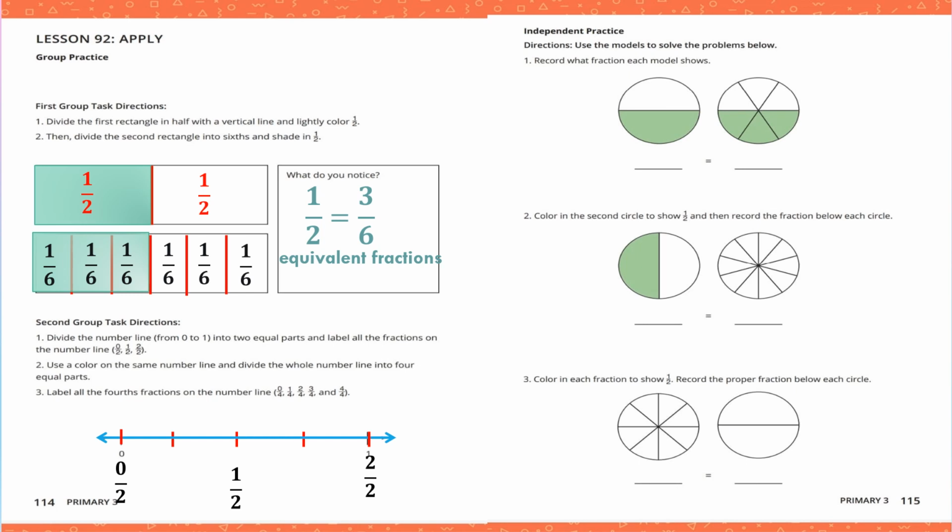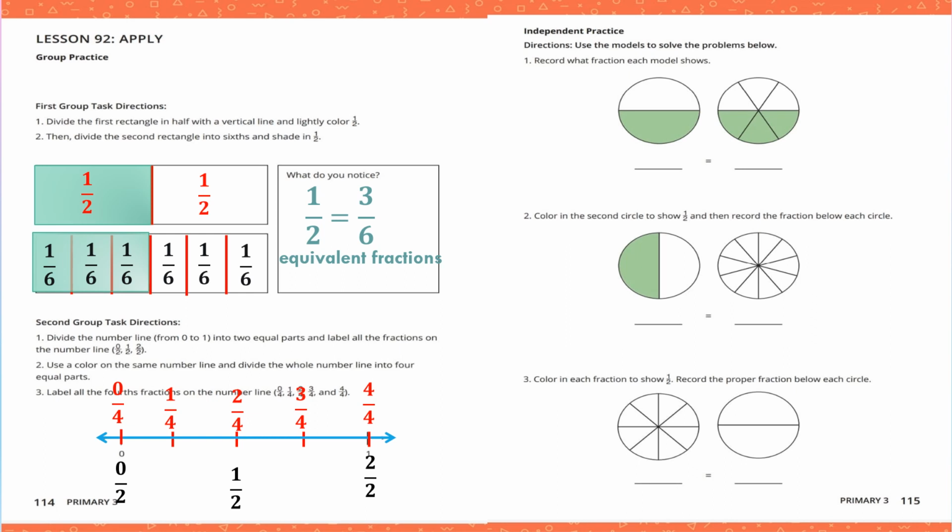Okay, here we have 4 equal parts. 1, 2, 3, 4. Number 3, label all the 4th fractions on the number line. 0/4, it means here 0. Then 1/4, 2/4, 3/4, and the last one 4/4.